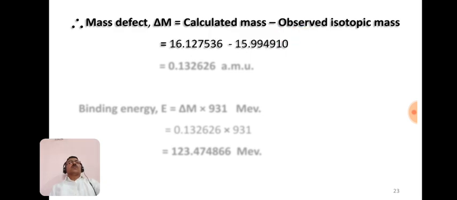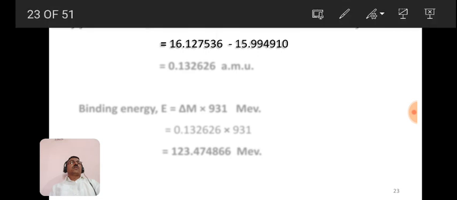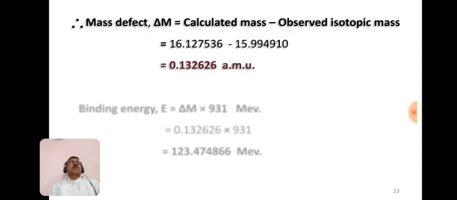So the calculated mass of the oxygen having atomic number 8 and mass number 16 is 16.127536, and its isotopic mass is 15.994910. So the difference is 0.132626 atomic mass unit.